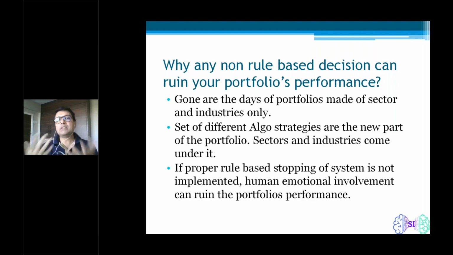What is happening nowadays is that portfolios are not made of sectors or industries. They are made of a set of algo strategies, and the sectors and industries come under that.